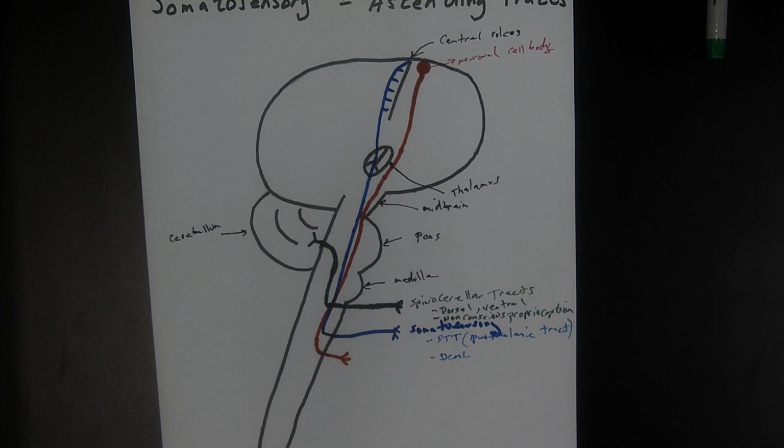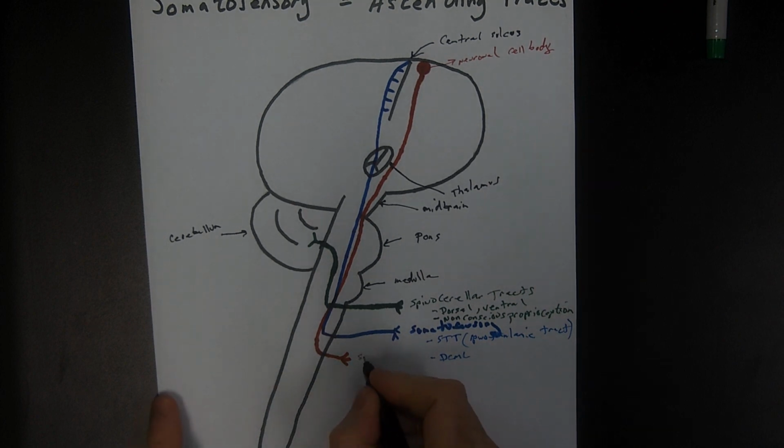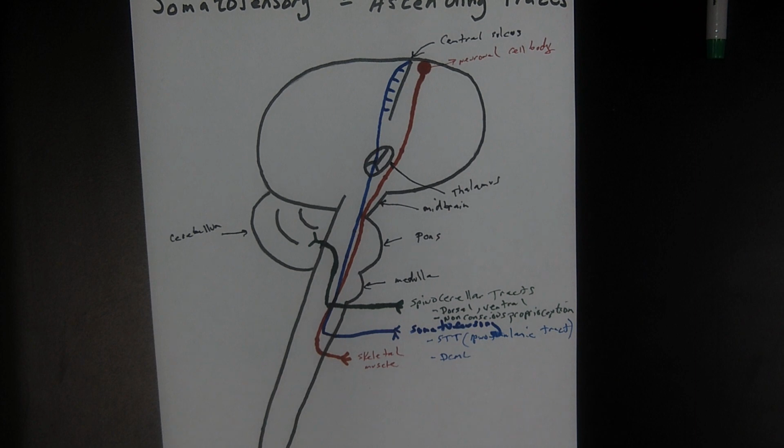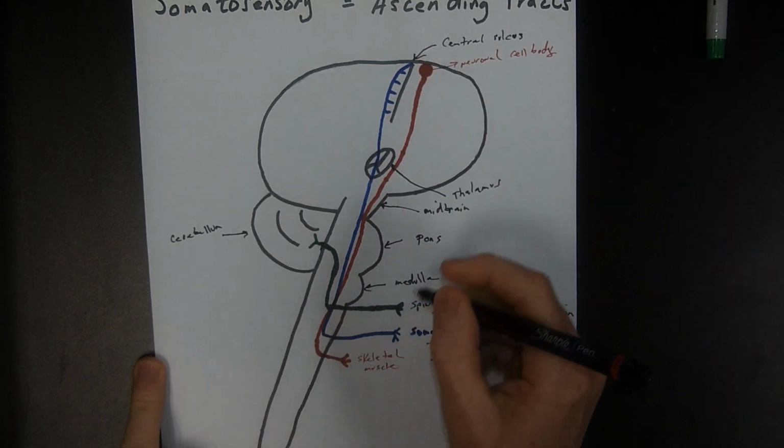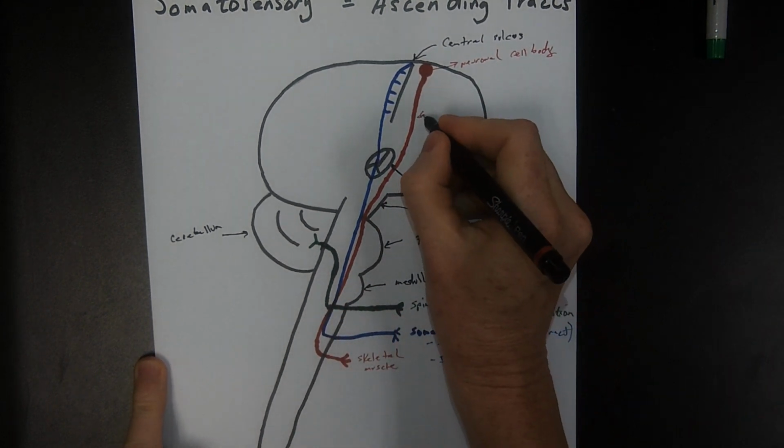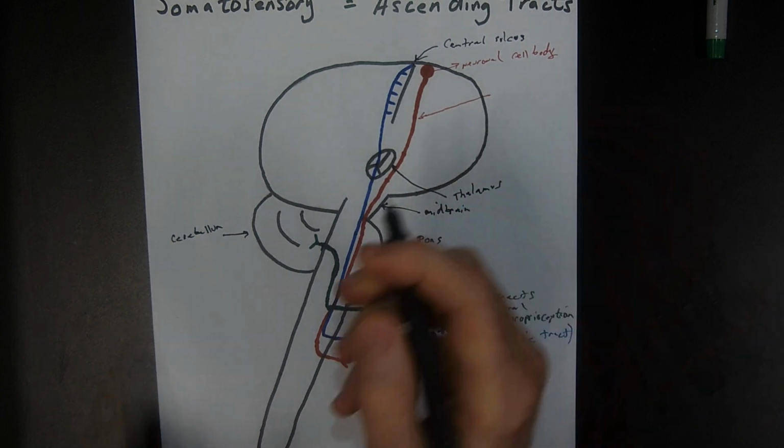Okay, and this is going to innervate skeletal muscle. It's going to be your basic skeletal muscle, and that's going to travel through this axon. This group of axons coming down has a name. It's a specific tract. Does anyone know the name of the tract?